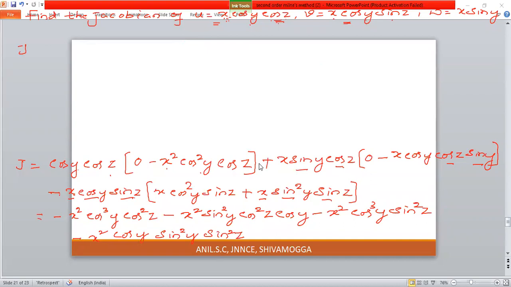Therefore, Z is equal to. Try to simplify this by yourselves.